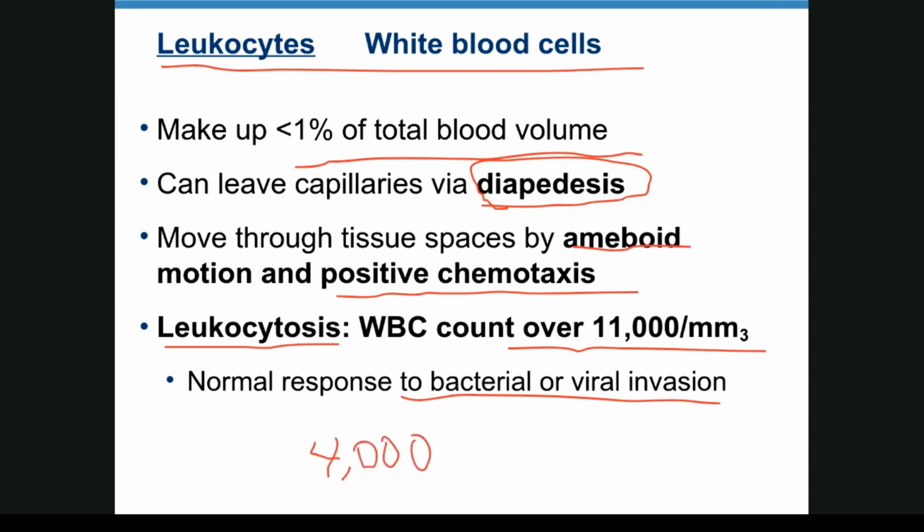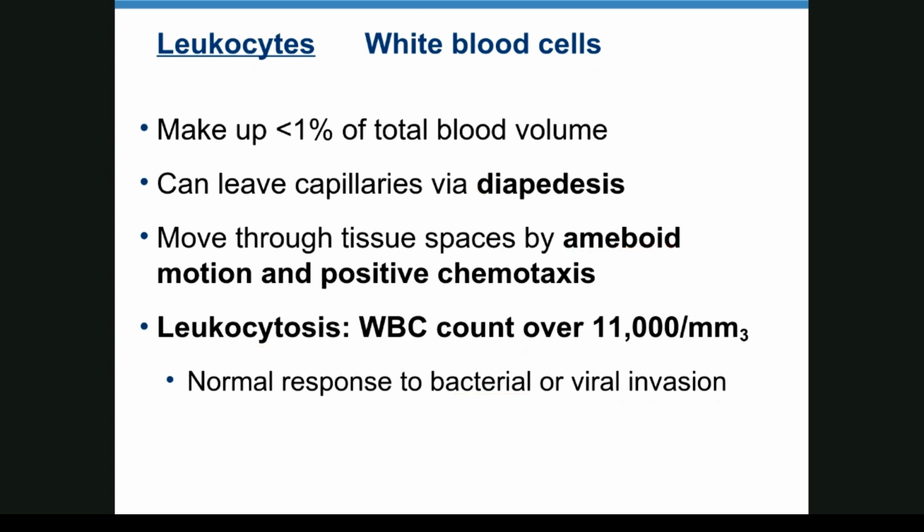Now, bacterial infections could use up all your white blood cells, but generally, if you have an extremely high white blood cell count, one thinks of a bacteria. If you have an extremely low white blood cell count, one guesses at a virus. Now, there's no test out to prove that yet.